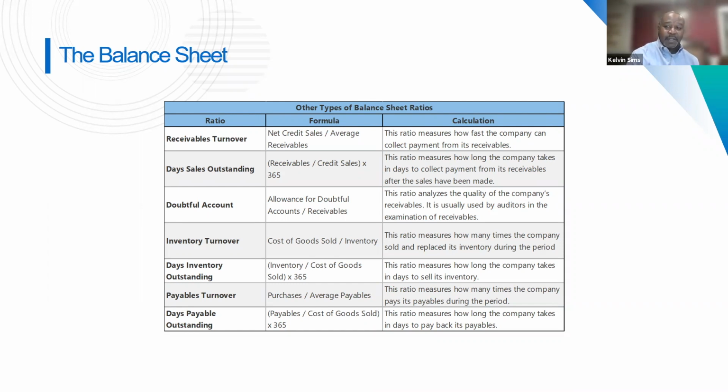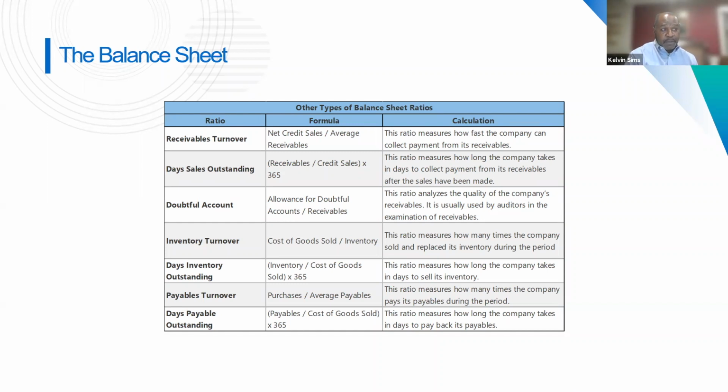You want to get your money much quicker than you pay your money out. And the days payable outstanding is your payables divided by your cost of goods sold times 365. Again, this is how many days it takes you, on average, to pay your bills.